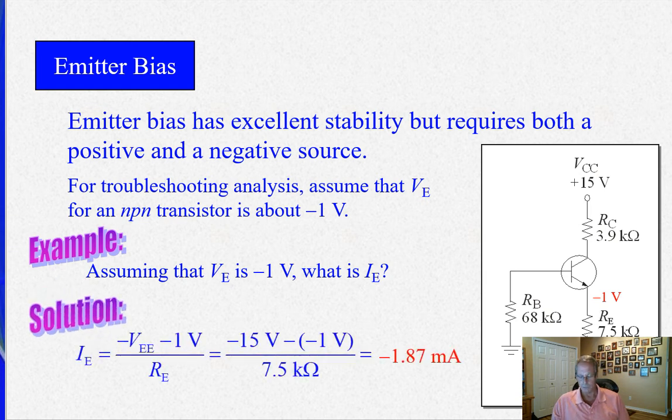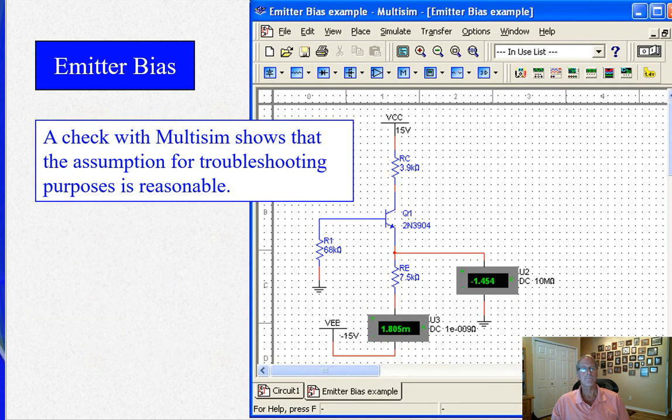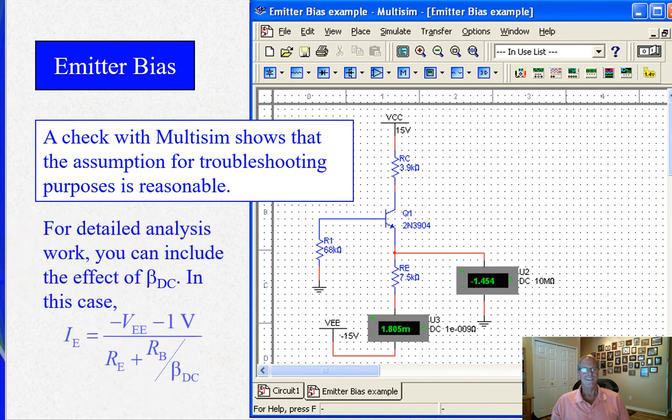And you end up with 1.87 milliamps. And Multisim's pretty close, right? 1.805. And you can include the effective beta DC if you want to. That's probably what they're doing in Multisim. That's why our calculation was off a little bit.